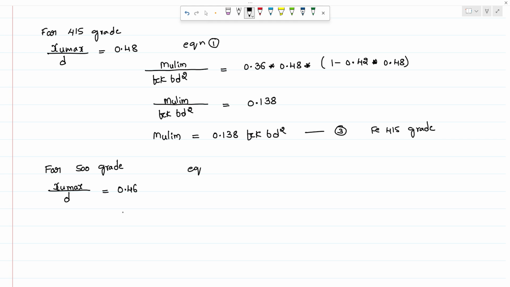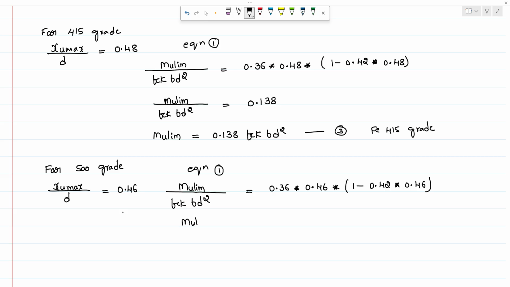So equation 1 becomes Mu limit divided by fck bd square equals 0.36 multiplied by 0.46 multiplied by 1 minus 0.42 into 0.46.